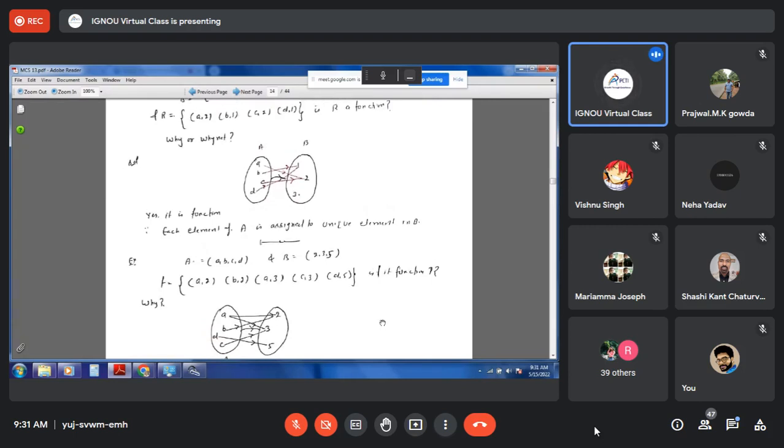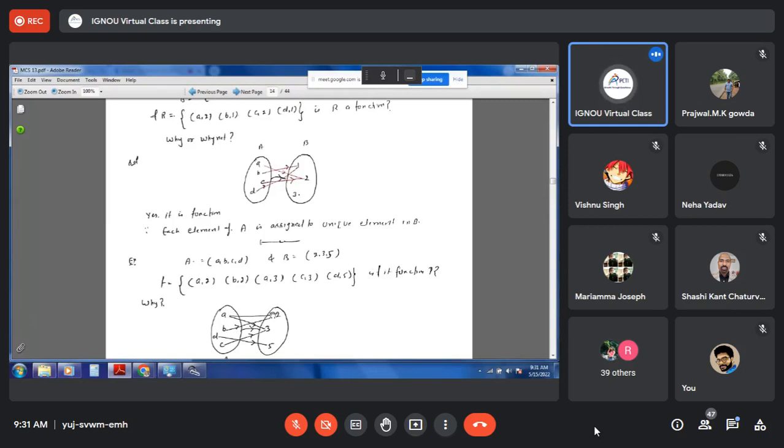Let us see this example. A = {a, b, c, d}, B = {2, 3, 5}. Is f a function or not? Let us draw an arrow diagram. A has the image 2, B has the image 2.